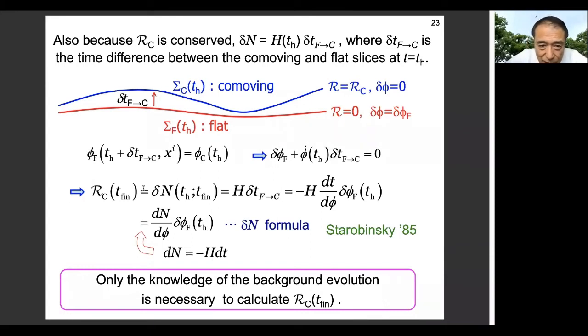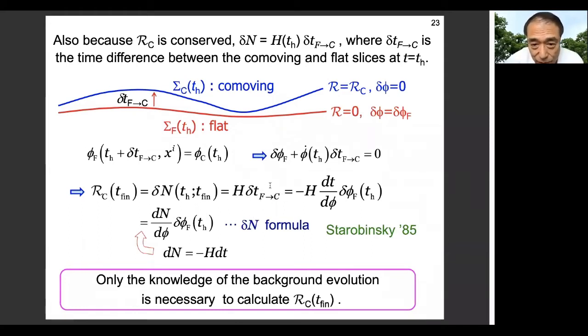Okay, and the curvature perturbation on this comoving slice is, as I said, just given in terms of delta n, which, as I have shown without any theory, is just the definition of delta n in some sense. This is essentially H delta t from flat to comoving. This is a gauge transformation.